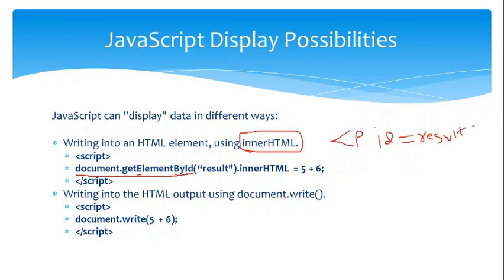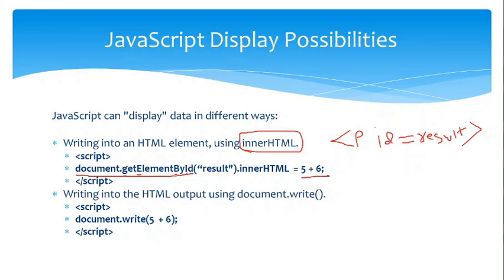Okay, so when you are using this p id equals result, whatever the result you are going to get here will display in this paragraph tag. .innerHTML equals 5 plus 6.